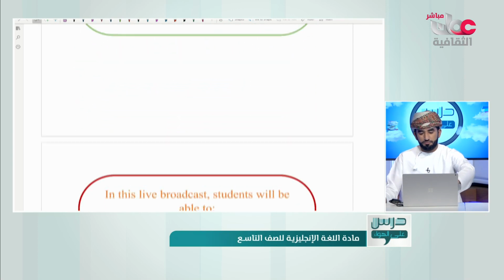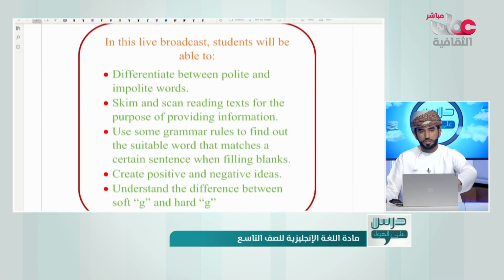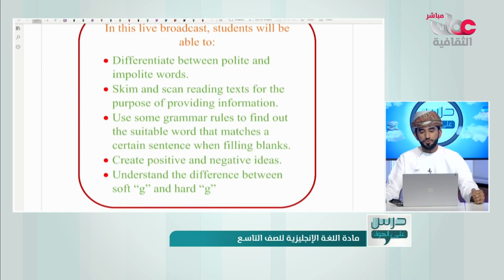Very good. Before we start our lesson, I'd like to go through the objectives for my lesson today. In this live broadcast, students will be able to, the first one, differentiate between polite and impolite words. What I meant by this is that you're going to have a wonderful mix of words in a small box, and all of those words are adjectives.